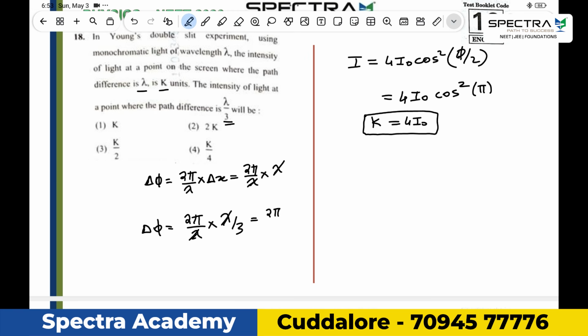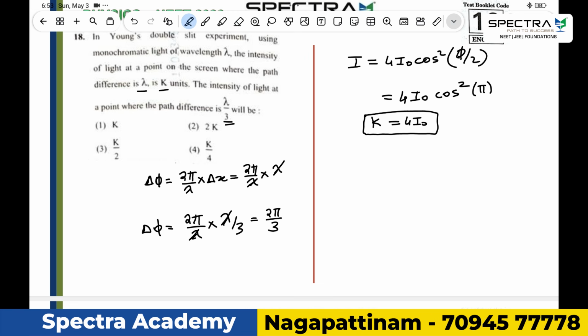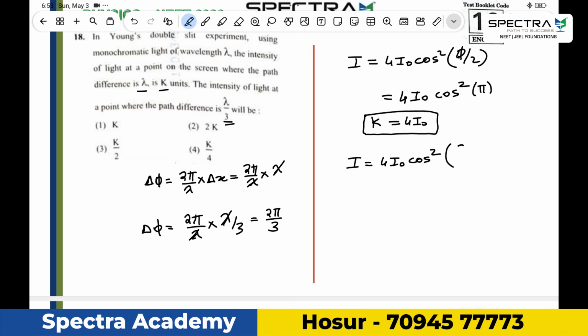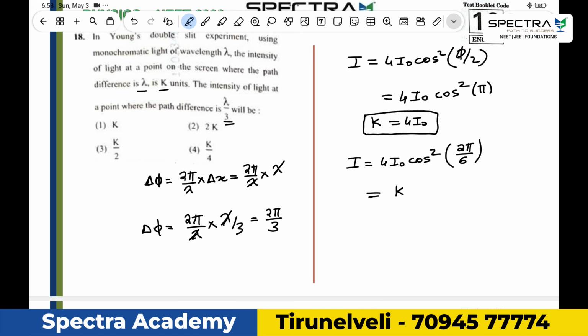So this is equal to 2 pi by 3. So the intensity, if you are calculating, it is 4 I naught cos square 2 pi by 6. So this is equal to k by 4. So the answer is option 4.